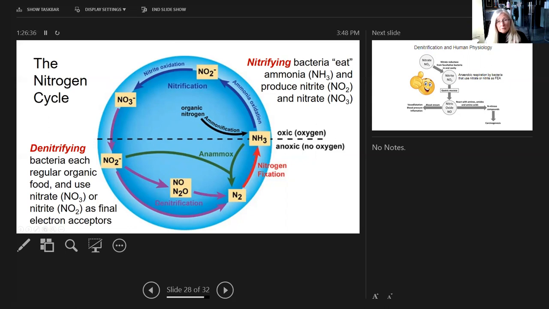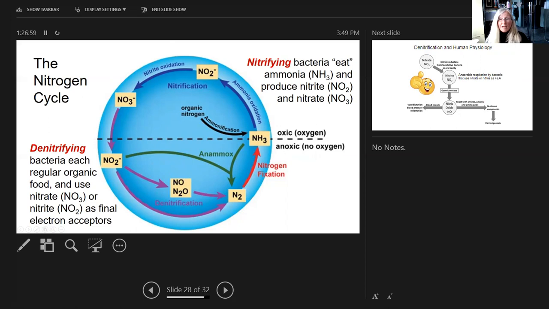So these are microbes called heterotrophs that are doing that because they're eating organic stuff. They're just using these alternatives to oxygen. These guys, the nitrifiers, are actually eating the ammonia as their food, and as a result of that oxidation, they're producing these usable or nitrifying types of compounds.